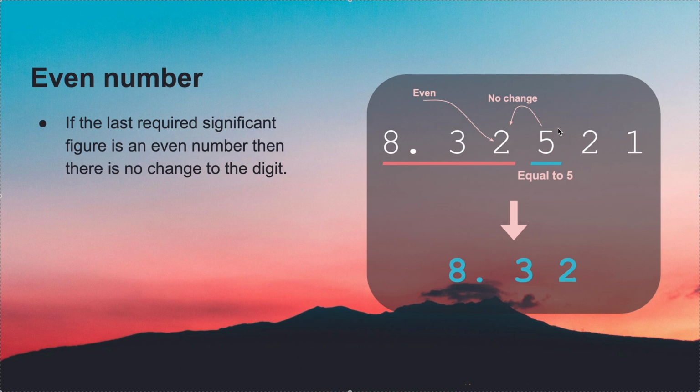So basically we will now check the last required significant figure and determine if it's even or odd. So here we have 2, which is even. So we will have no change in the last significant figure here. The value will be as it is, 8.32 here.